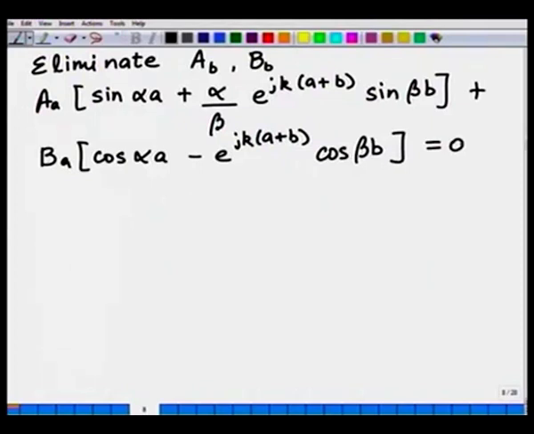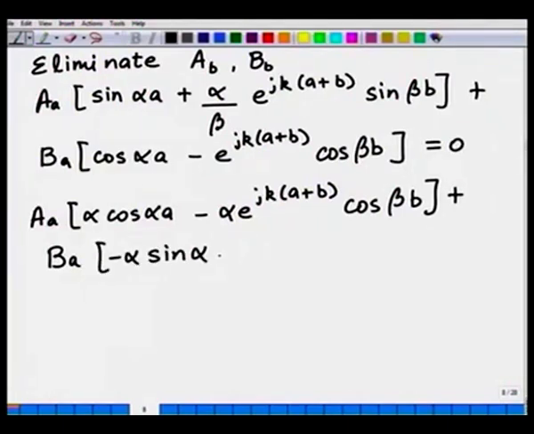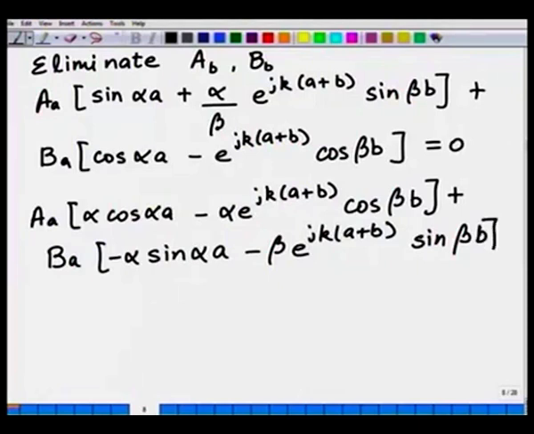Similarly, I can write the second equation after eliminating 2 variables: A_A alpha cos alpha A minus alpha e to power j k (A plus B) cos beta B plus B_A minus alpha sin alpha A minus beta e to power j k (A plus B) sin beta B equal to 0.